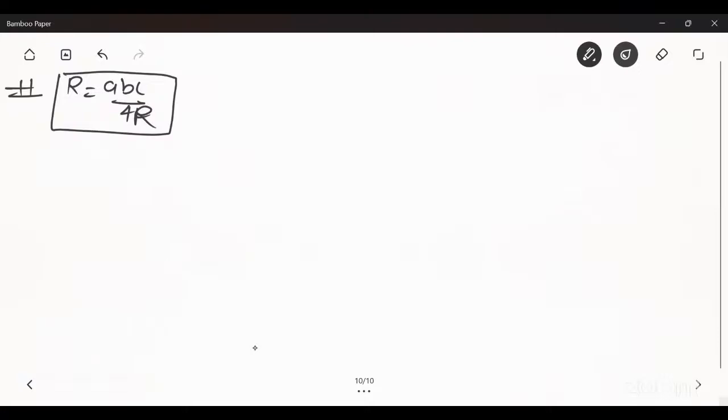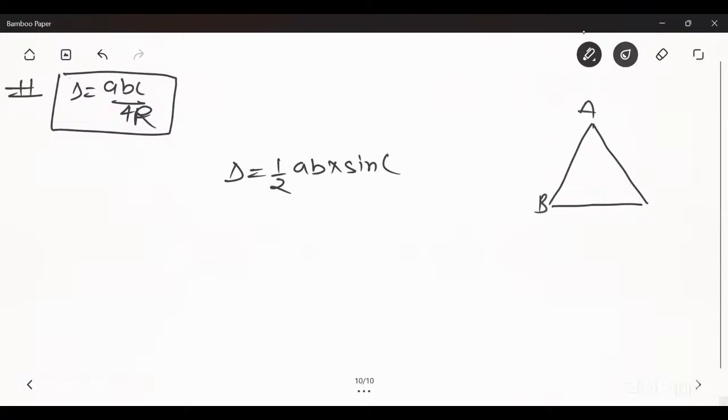In the last previous slide, we have discussed that delta is equal to half ab into sine of C, right? And in which one angle is C. Now, I am drawing the triangle ABC. Side opposite to angle A is a, side opposite to angle B is b.